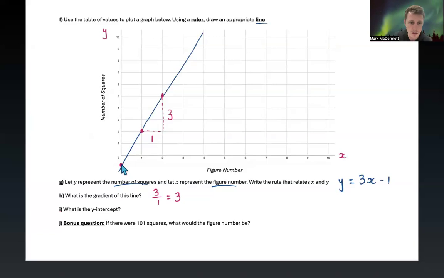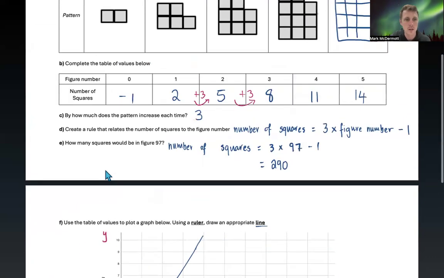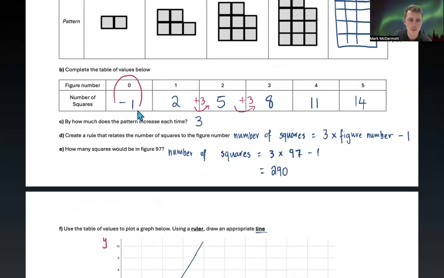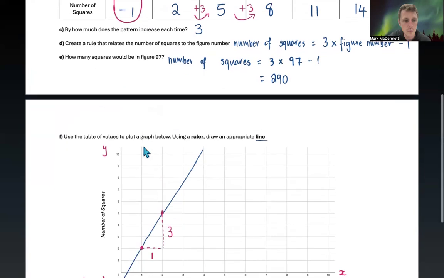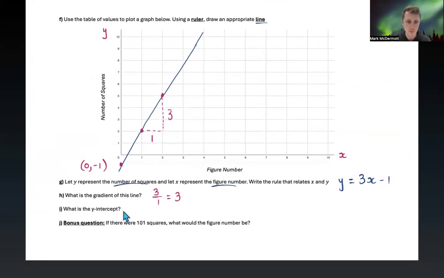So where does it hit down here? Well, we know that when the figure number or the x value is 0, the y value is -1. So if we look up here, that's this position here, isn't it? So our y-intercept would be -1.